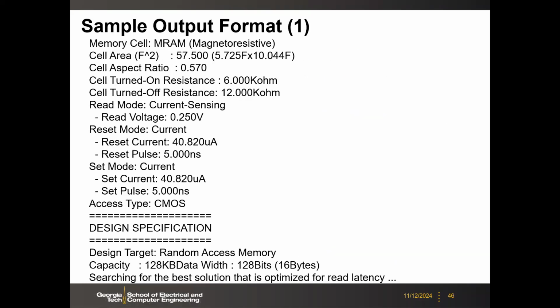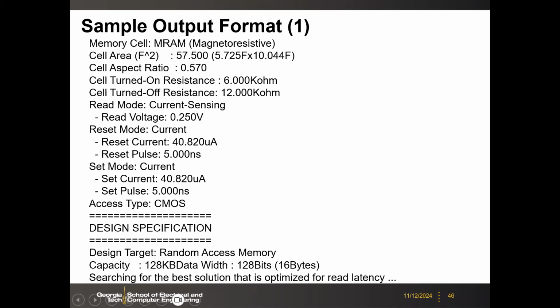So after you run the simulation, this is the sample output. You're going to get this kind of output. First of all, it will repeat your inputs. This is just a log file to record what your inputs are. It will show your inputs first, like those design options, and your design spec.